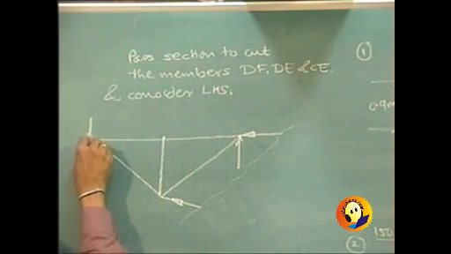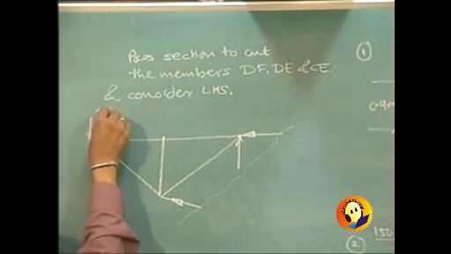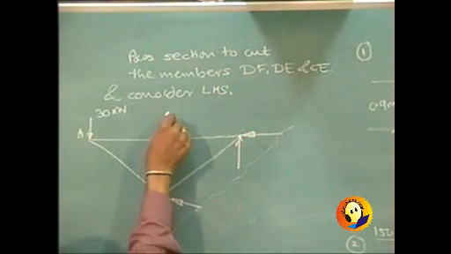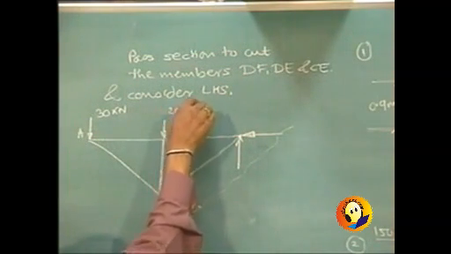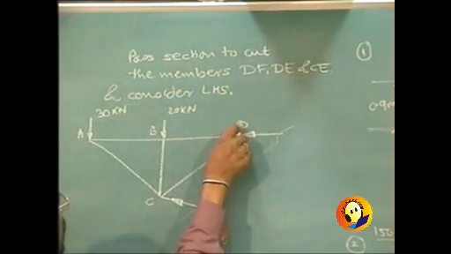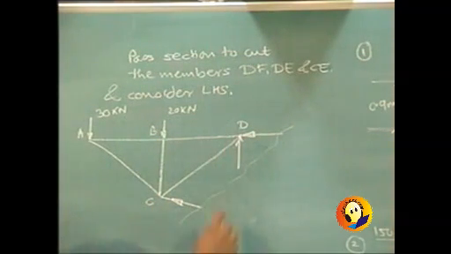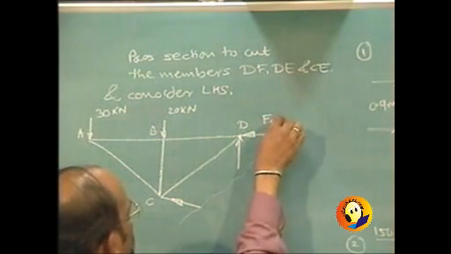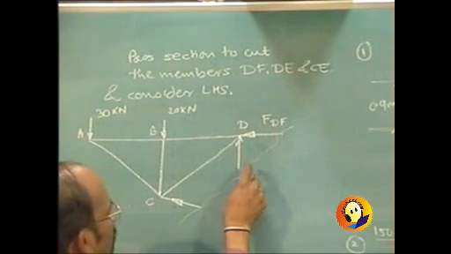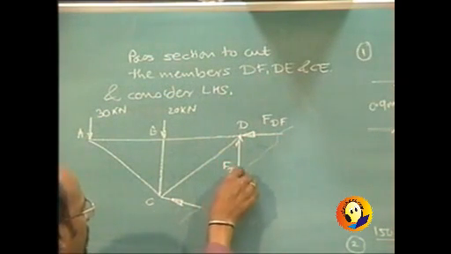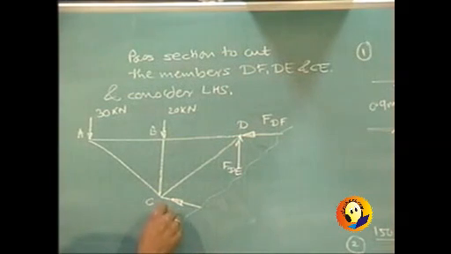There is a load of 30 kilonewtons at point A, a load of 20 kilonewtons at point B, this is point C, D. Of course this is force in DF, then this is force in DE, and this is force in CE.